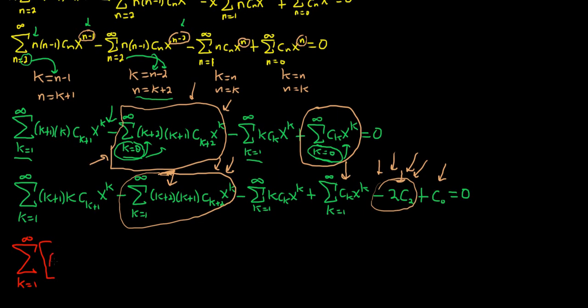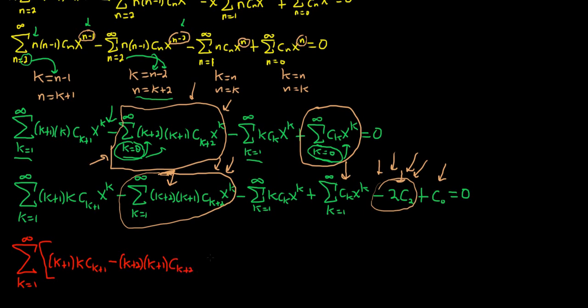So we have parentheses (k plus 1) k c sub k plus 1. Wonder if anything cancels. No, nothing looks like it cancels, unfortunately. Not yet. Minus (k plus 2) (k plus 1) c sub k plus 2.